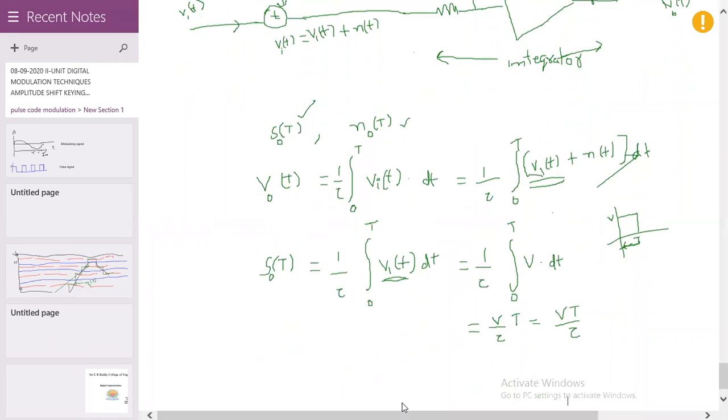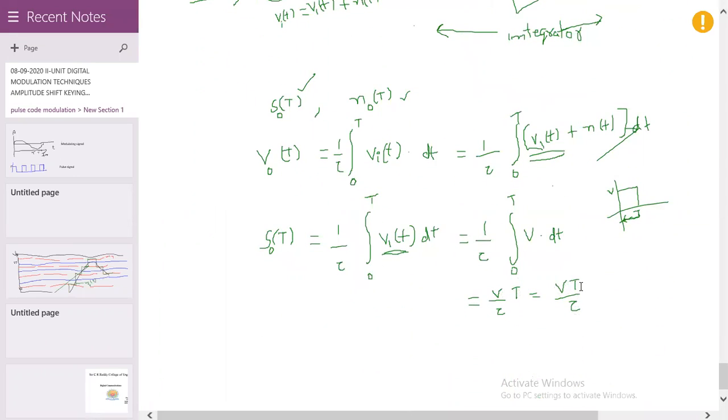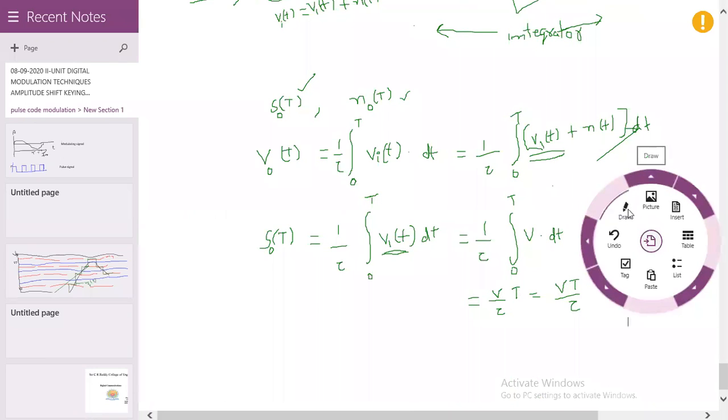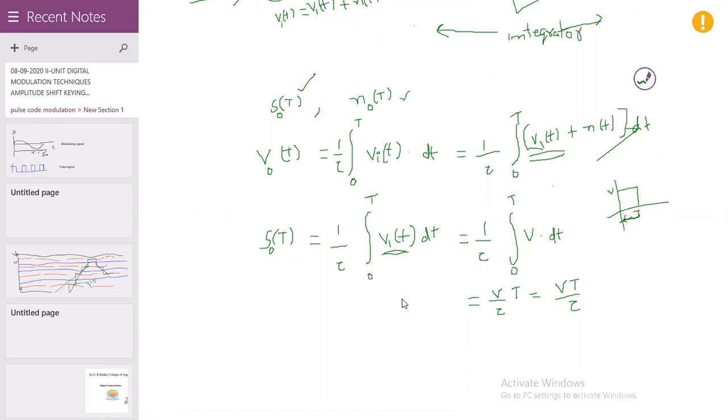So this is the output voltage at the receiver.